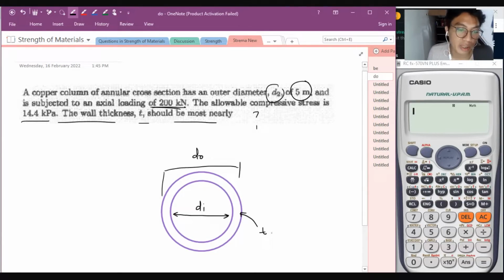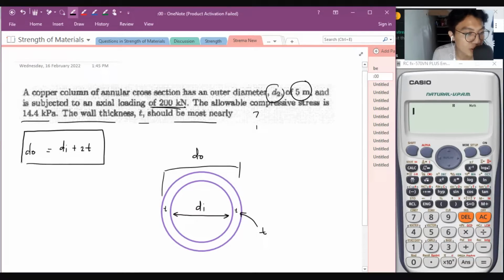How will you get the thickness? Okay. Yung DO mo is equal to, tignan nyo, yung thickness na to, dalawa ang magiging thickness mo dyan. Okay? Pag pinag-add mo yung diameter nitong inner sa dalawang thickness mo, that will be equal to DO or outside diameter. So, DO is equal to DI plus twice of the thickness. Ito yung formula dyan. Okay?